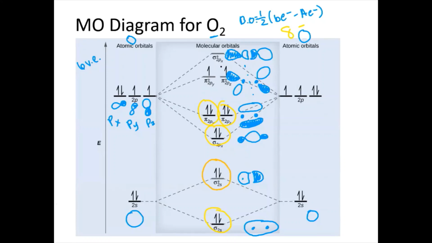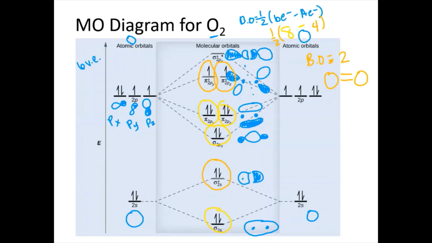We've got 2, 3, 4, minus 4. So bond order equals 1/2 times 4, or 2. Right? So when I draw the Lewis structure of this, I can draw my oxygen with 2 bonds to the other oxygen.